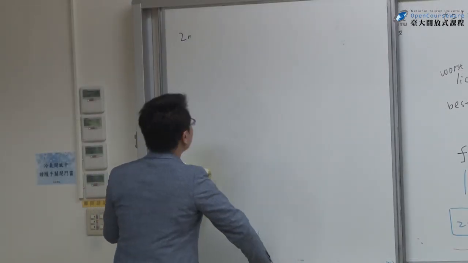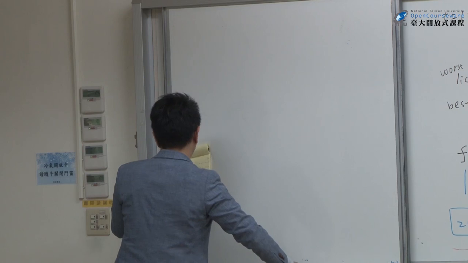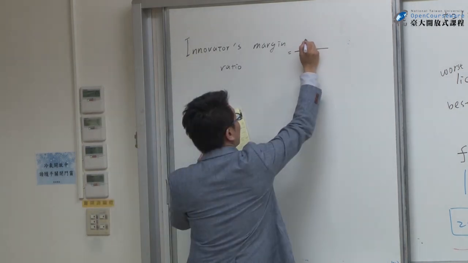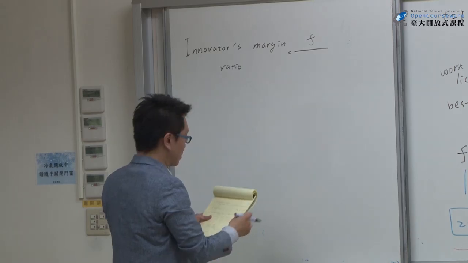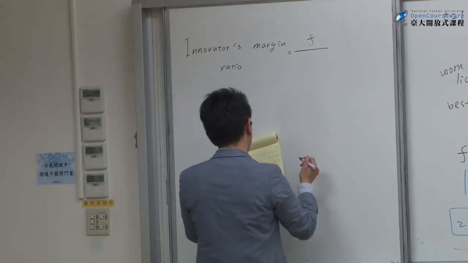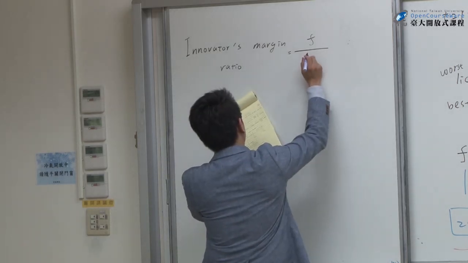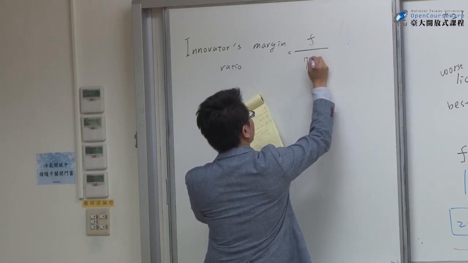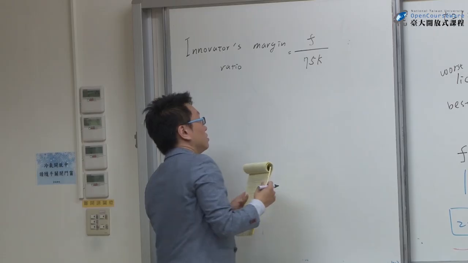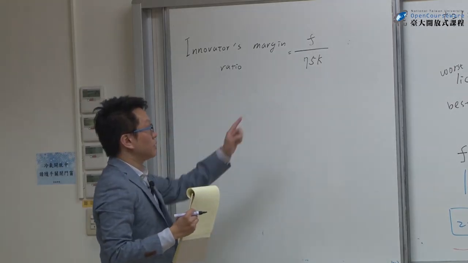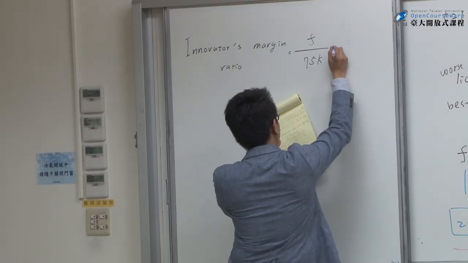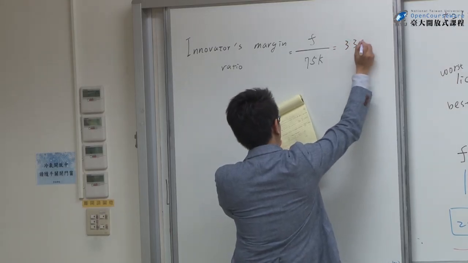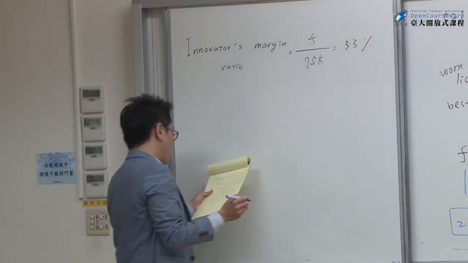We want to calculate the innovator's margin ratio now. I know I will charge 24.8K from the OEM to sell each unit of the new generation product. And I also know the OEM's margin is 75K. When the OEM sells one product, the OEM gets 75K, and I get 24.8K out of there. So the innovator's margin ratio will be 33%.